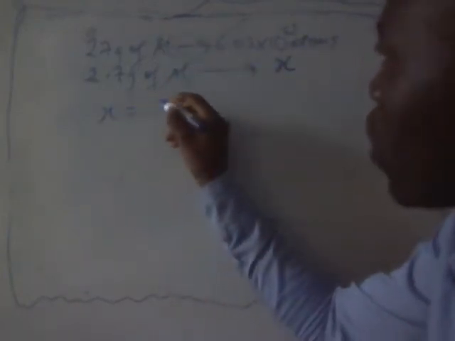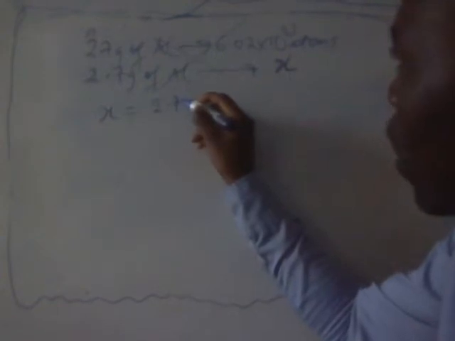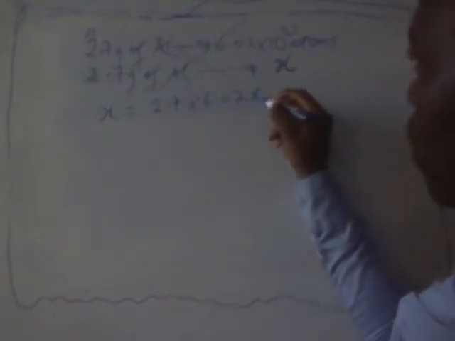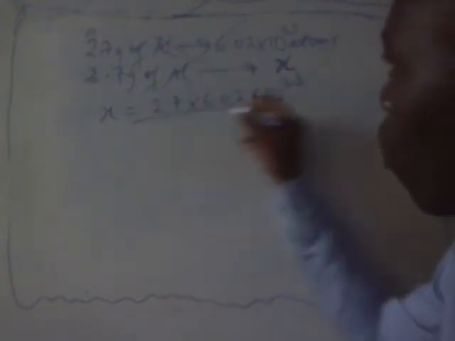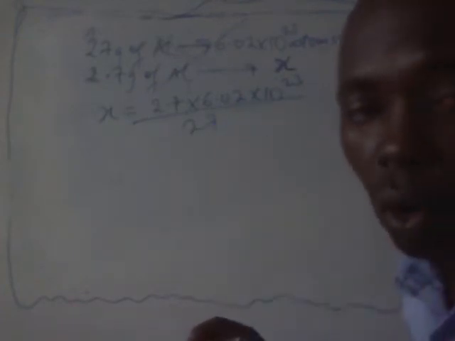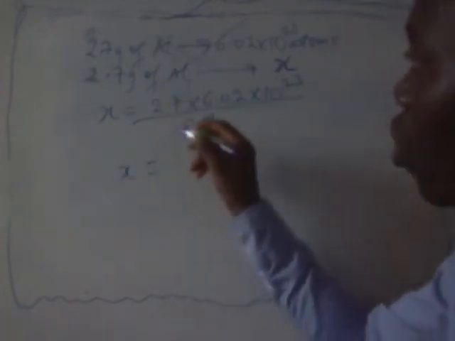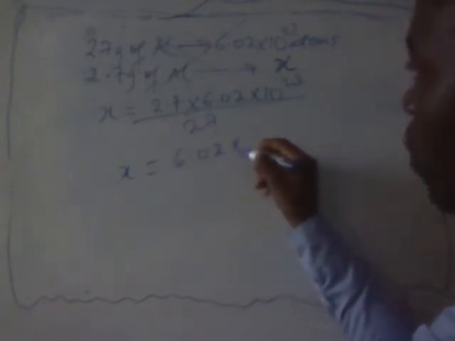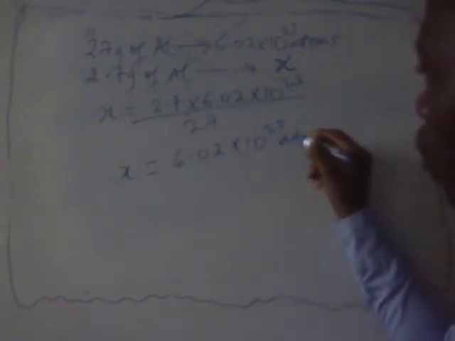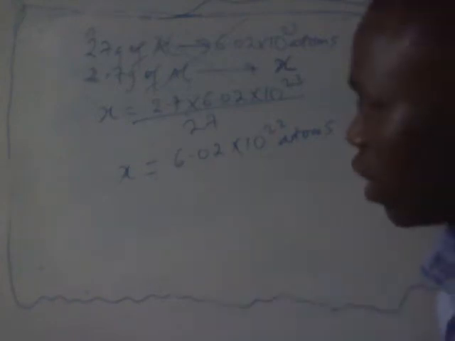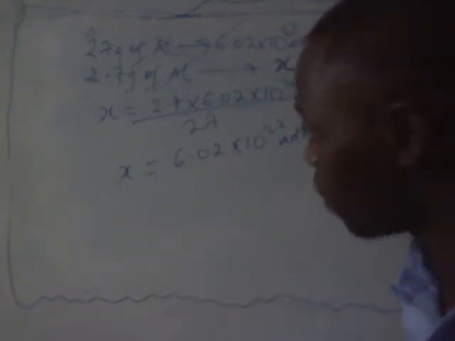And when you cross multiply and make X the subject, X becomes 2.7 times 6.02 times 10 raised to the power 23 all over 27. When you use a calculator, at the end of the day, you will get 6.02 times 10 raised to the power 22 atoms. So this is the number of atoms in 2.7 grams of aluminum.